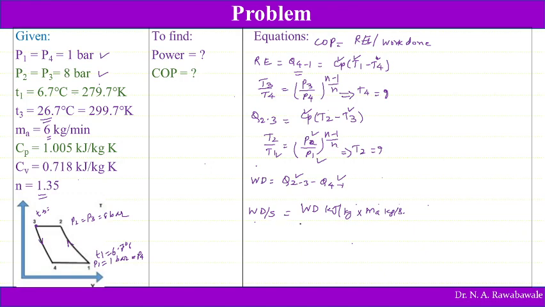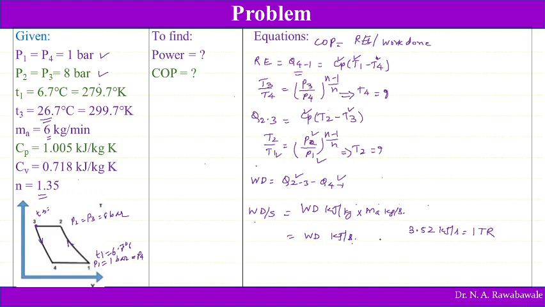Once we get this power, it will be in kilojoules per second. So now we know 3.52 kilojoules per second is equal to 1 ton of refrigeration. We want this in terms of kilowatt per ton of refrigeration.